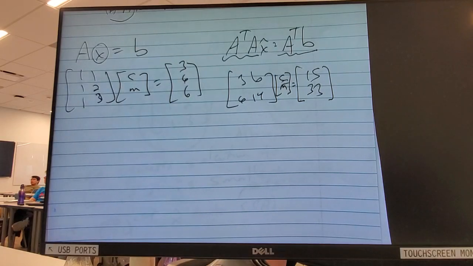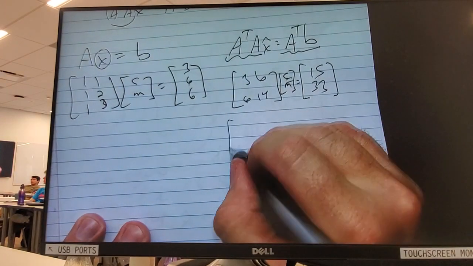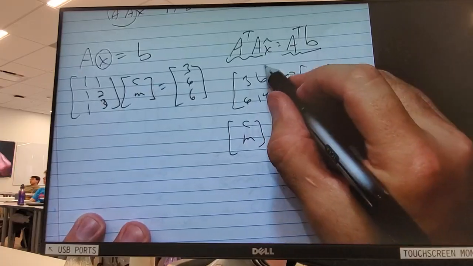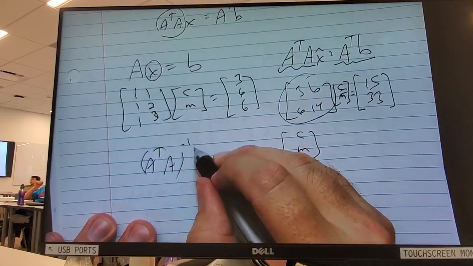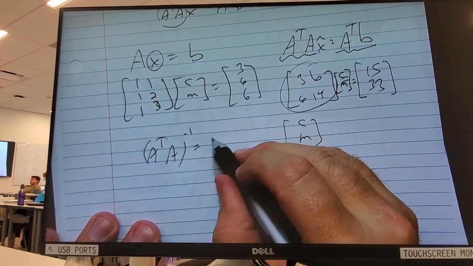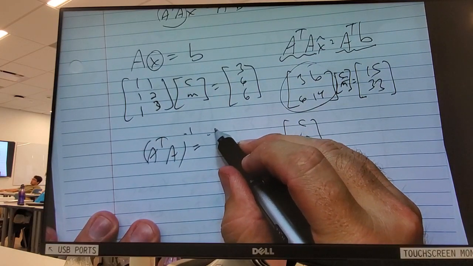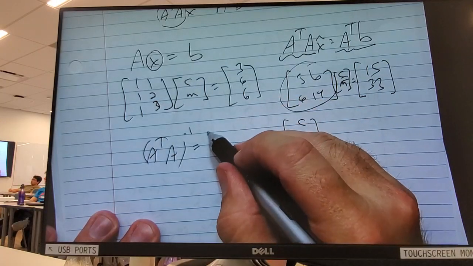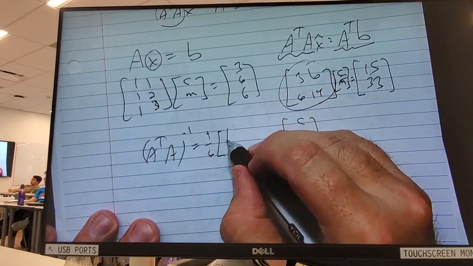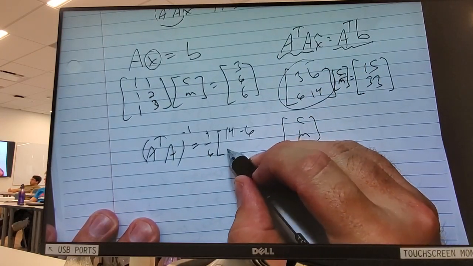So if I do this, what do I get? First, I've got to figure out the inverse of this, yes? Knowing where we're headed a little bit, past Jeff, what did you do, buddy? I got 1/6 again, 14, -6, -6, 3.